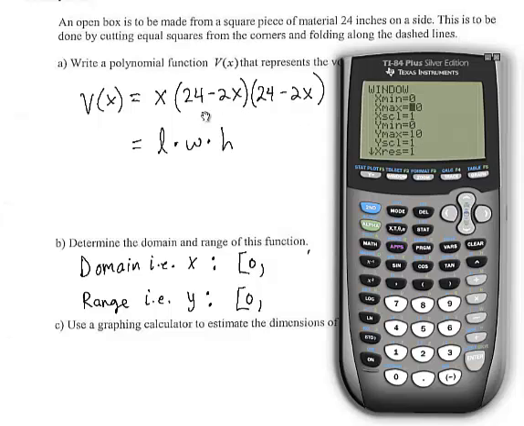And if you think about this function, we've already said that if x is 0, then we get 0 volume, so that's a starting point for our x minimum in our window.